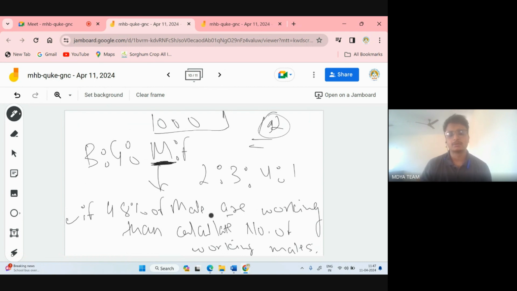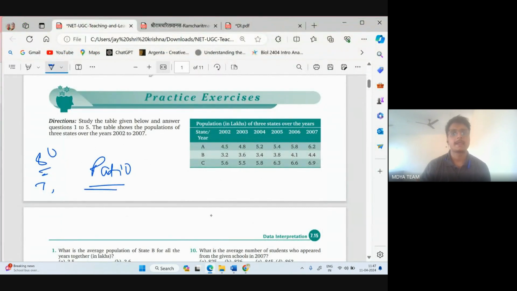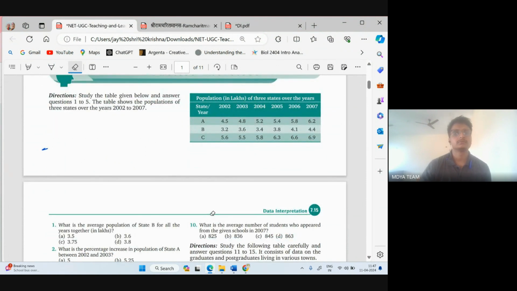Now let's come to the questions. Study the table given below and answer questions 1 to 5. The table shows the population of 3 states over the years 2002 to 2007. Here it is written population in lakhs.